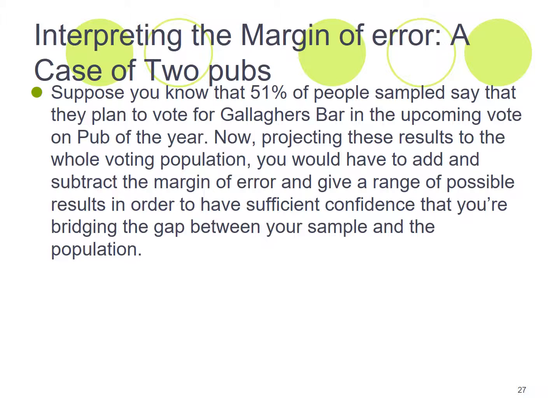So 51% of the people, you're very close. It's not like 95% of the people said they were going to vote for Gallagher's. There are only two pubs in this competition, so the other pub is very close to you. And if the margin of error is high, then maybe Gallagher's Bar won't actually win.